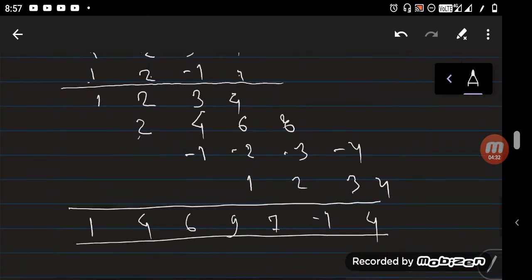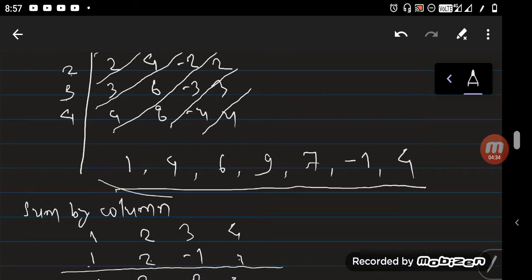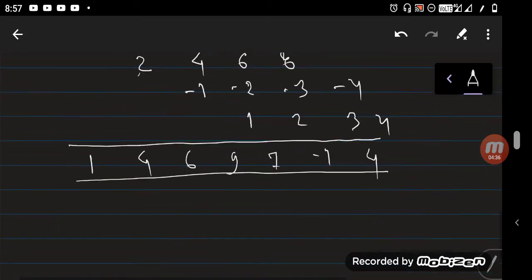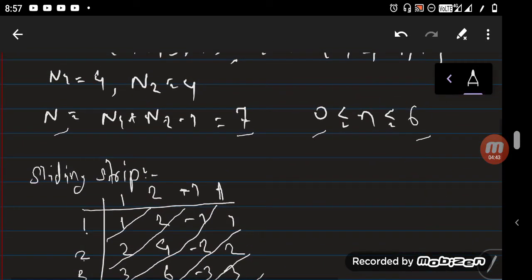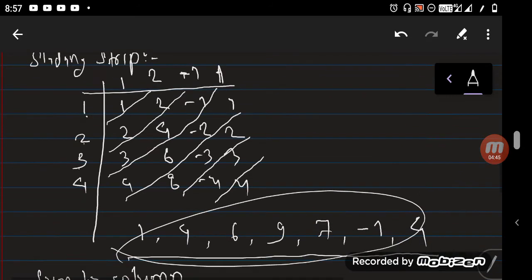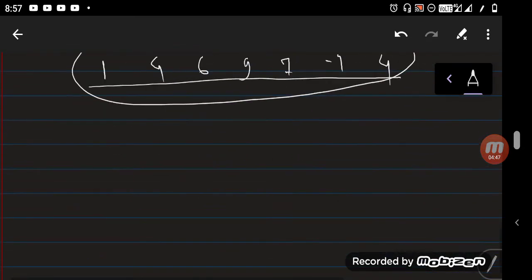So you can see both results are the same. Using either of the two methods, you can find the linear convolution. I think the sliding strip method is simpler, so prefer that one.